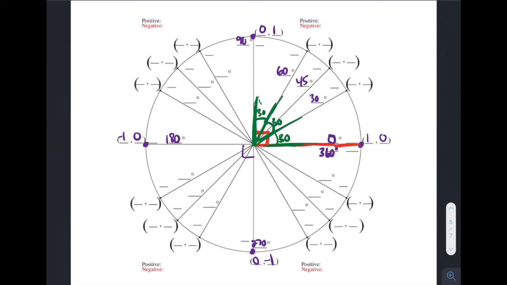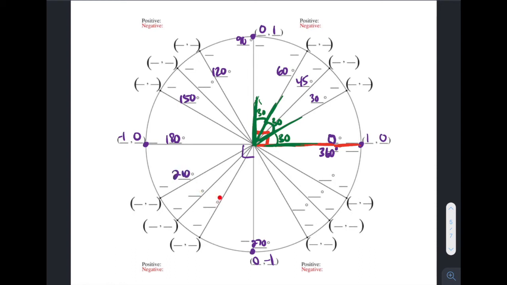Now, I can follow that pattern going all the way around, going by 30 degrees. So 90 plus another 30 would mean that this is 120. If we go another 30, that's going to be 150. Notice I skipped that line. If we go another 30, that's going to be 180. Another 30, that's 210.